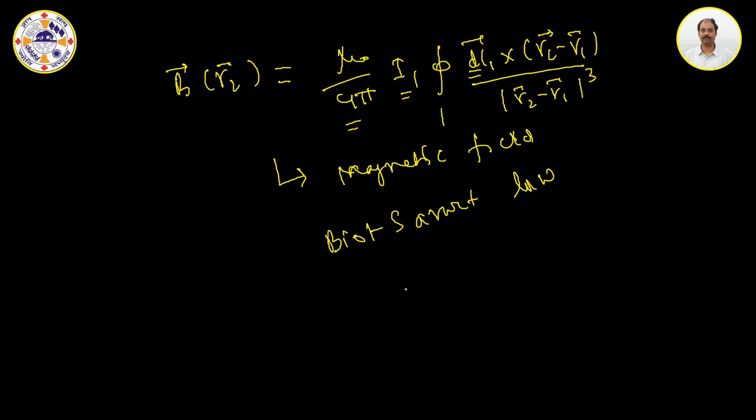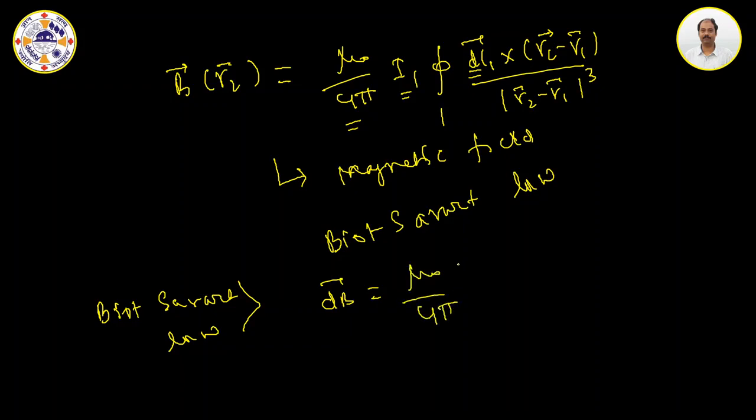Now, I will discuss the Biot-Savart law. If you are not familiar with such an expression, I am just writing it in a familiar manner: dB equals mu 0 by 4 pi I dl cross r hat by r square.